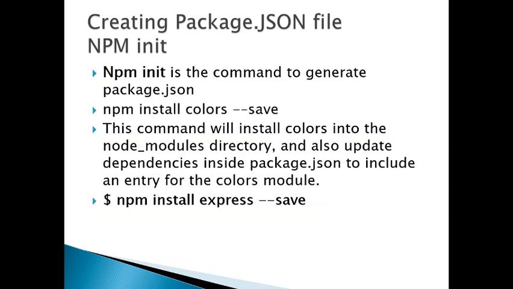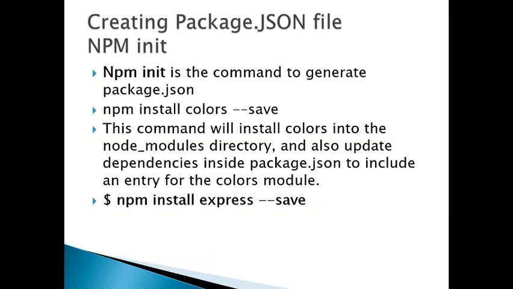But now, even without --save, it will write into the package.json file. If you have the latest version of node, or npm, it will automatically update the package.json file whenever you install or uninstall any module.